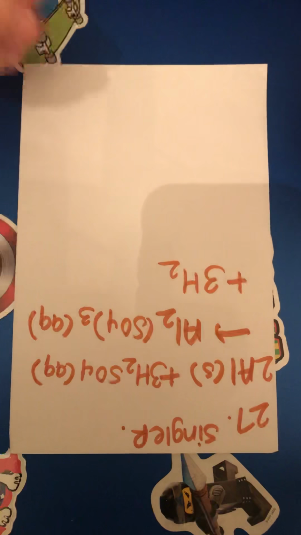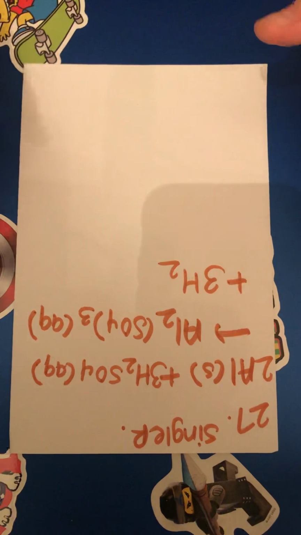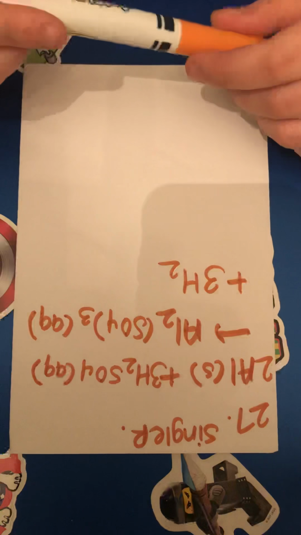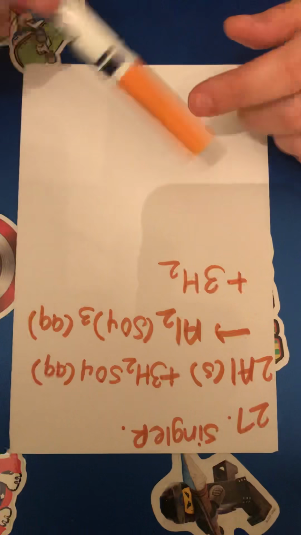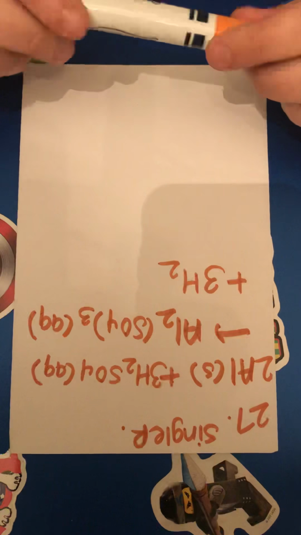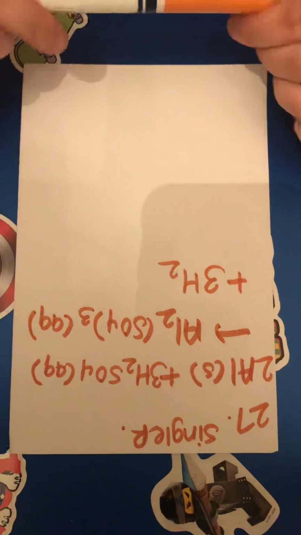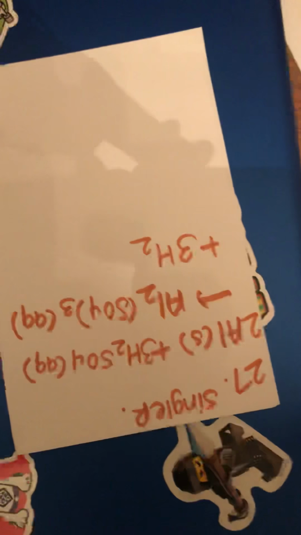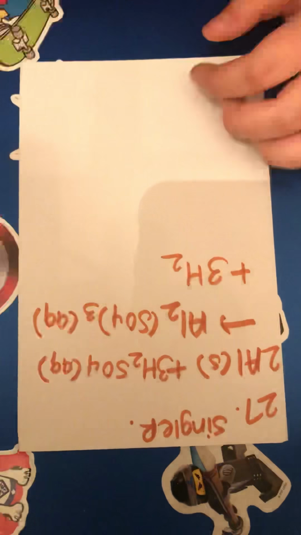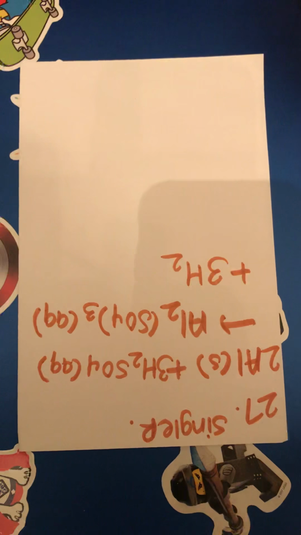So those are the 4 that are exceptions. They do form precipitate. They're just exceptions, but anything else like aluminum sulfate does not form precipitate. So that's the end of that one, and I'm going to go on to synthesis next.